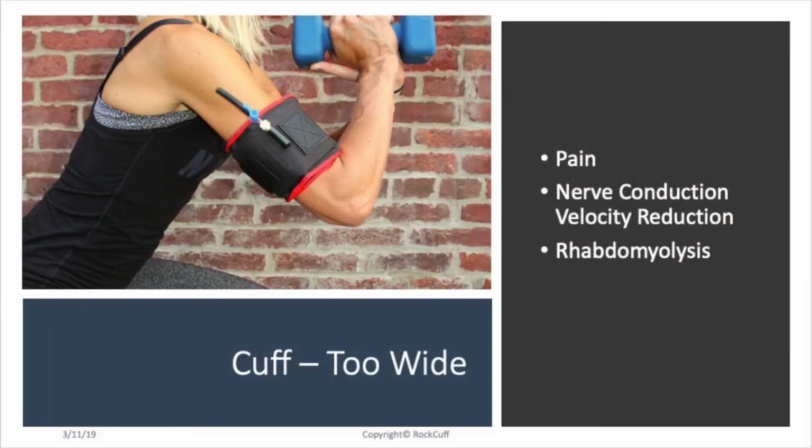We want nerve conduction velocity because that is very important for the feedback mechanisms to the brain. It's very important for retraining of movement. So the last thing I want to do with my blood flow restriction is add something that's going to inhibit that system that I'm already trying to train. And then finally, the wider the cuff you go, the more you increase the risk for rhabdo. And that is definitely not something that we want to get into.